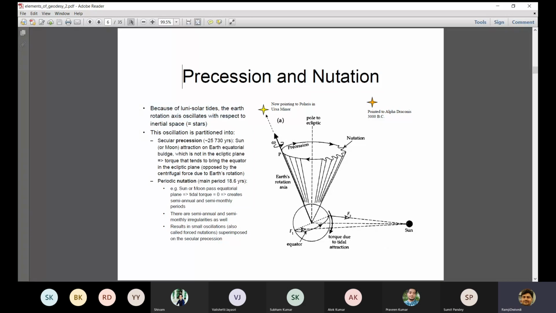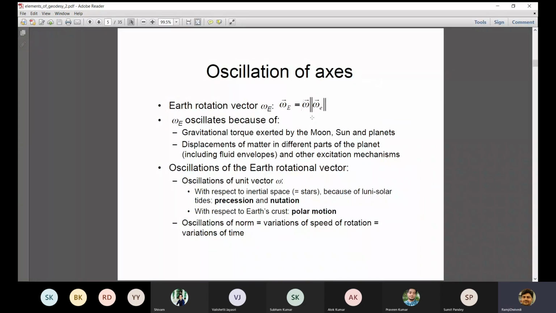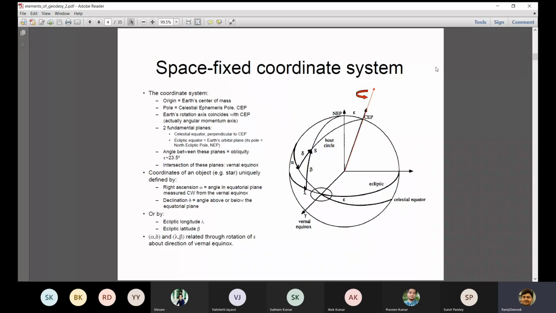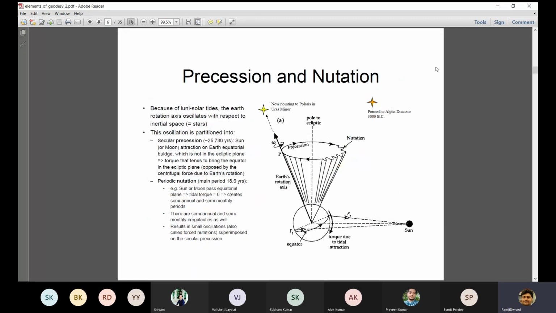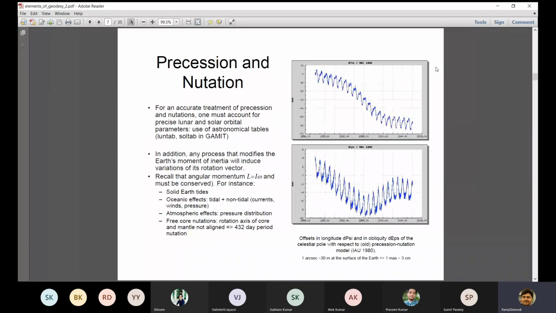When I say what coordinate system, I am talking about this system. We are not interested in any kind of NEP system. We are simply interested in this celestial equator CEP system, the Earth-centered inertial system, and Earth-centered Earth-fixed, because that's where we want our coordinates on the surface of Earth. So that's how the precession and nutation will take shape.